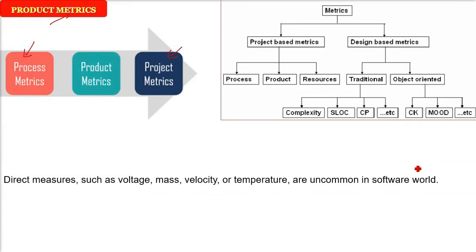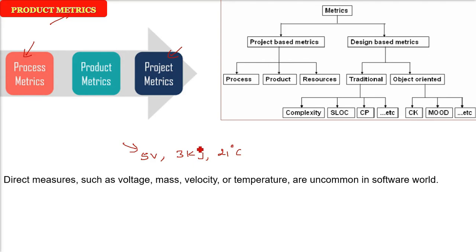In the software world, we know that we have numbers like 5 volt or 3 kilogram or say 21 degree centigrade. These are specific values, and you can directly measure these values using various devices, instruments.